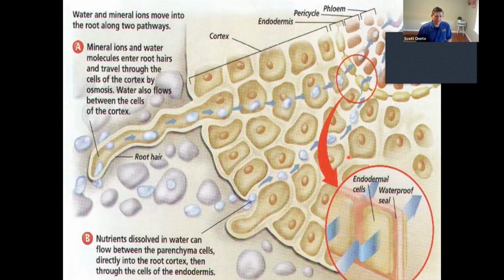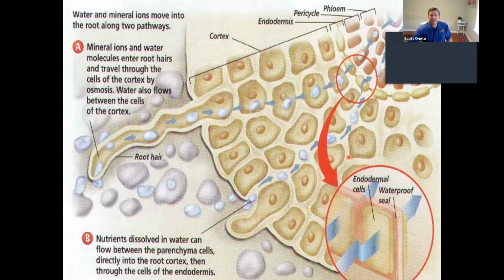I want to spend just a few minutes talking about how water enters the plant, both water and minerals. Of course, lots of nutrients are taken up by the plant that come into the root, so let's talk a little bit about how that happens.